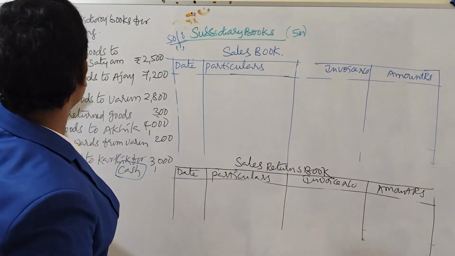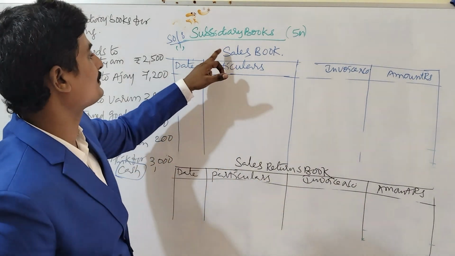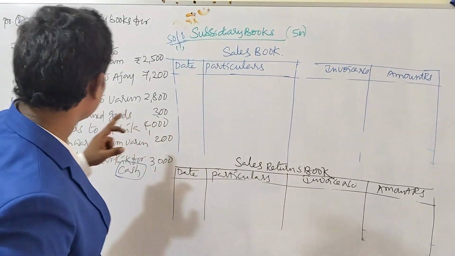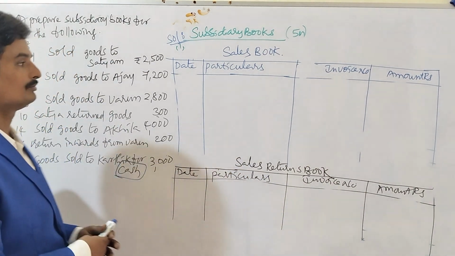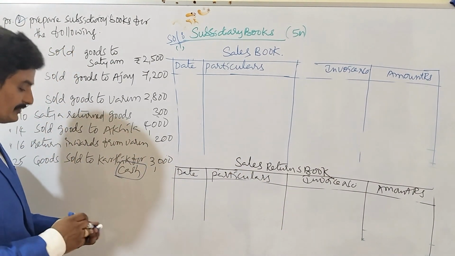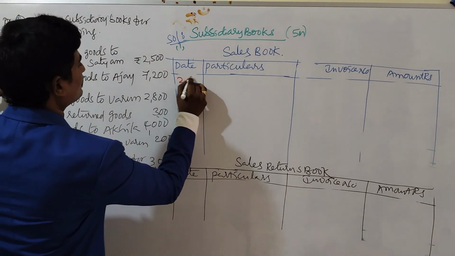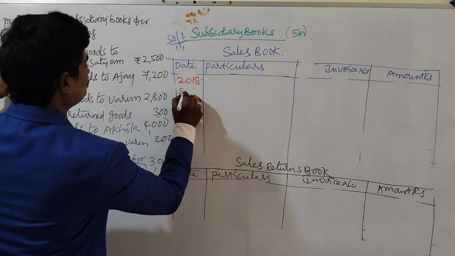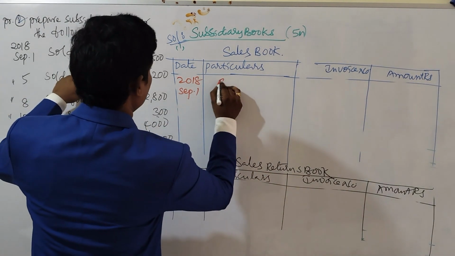First, as these transactions have sales, we have to prepare the sales book, and having sales returns, we have to prepare the sales return book. Coming to the first transaction, 2018 September 1, we sell goods to Satyam.